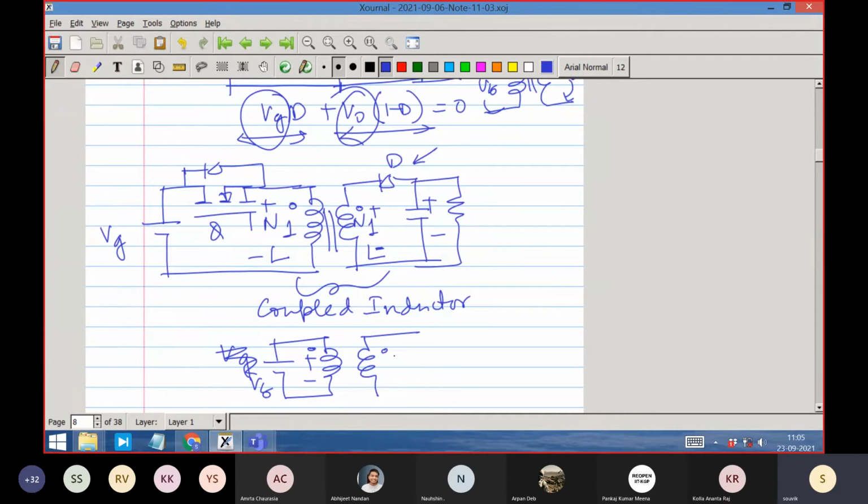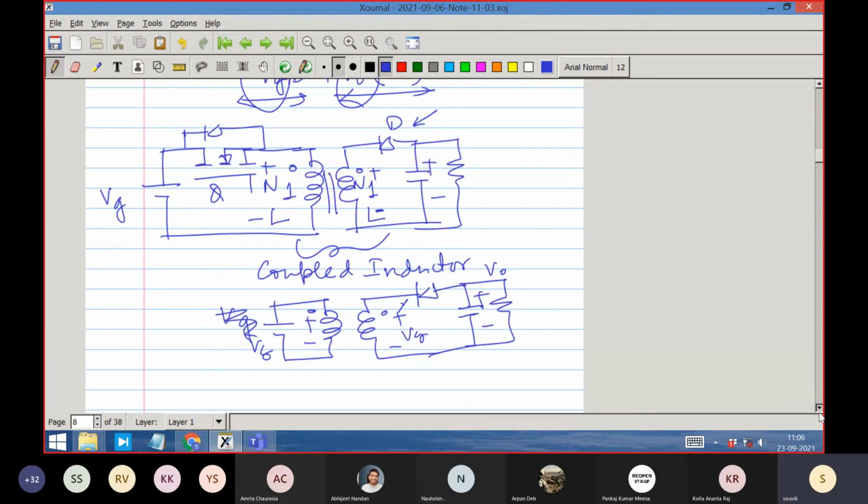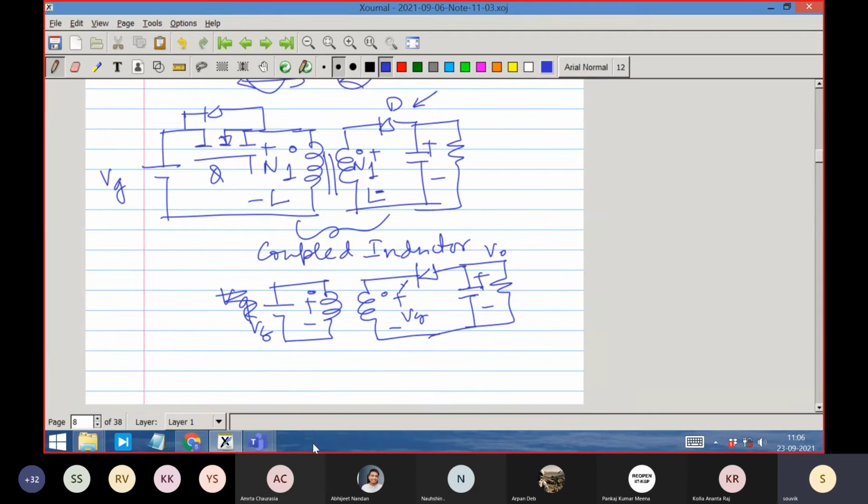This is also VG, plus minus VG. And this diode cathode is getting positive voltage and the anode is at another voltage, V0, which is this voltage you are getting, and therefore this diode D is reverse biased. It will remain reverse biased.